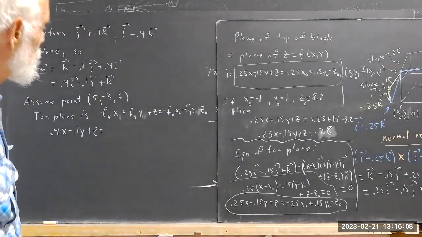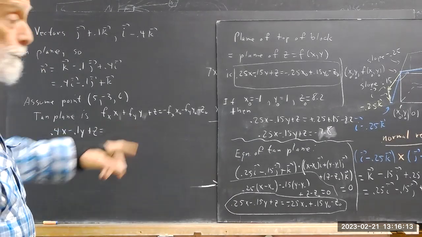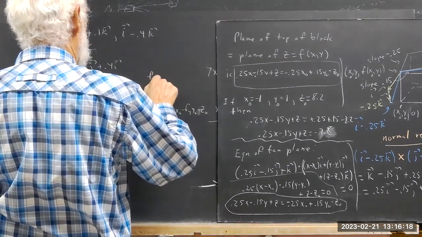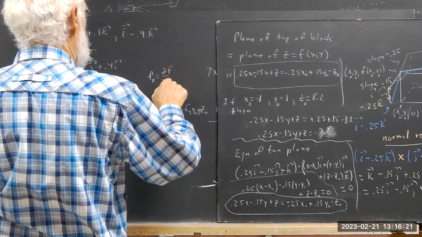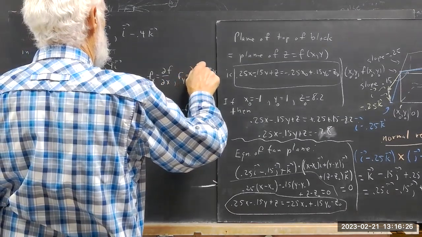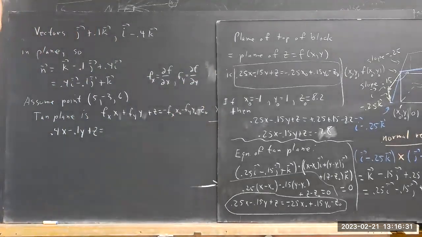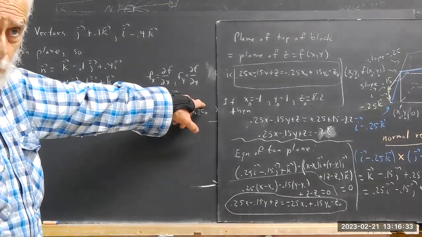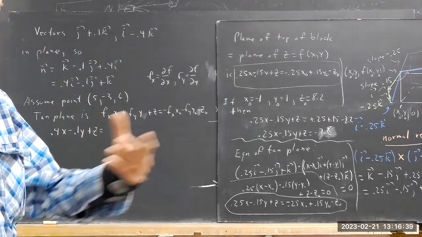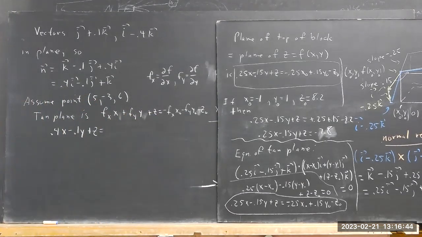Okay. I think I've written that out right now. What I mean by this f sub x and f sub y, I mean partial derivatives with respect to x and with respect to y. Just an abbreviated, easier to write notation that you're going to see plenty of. Okay. And let's see if that matches.